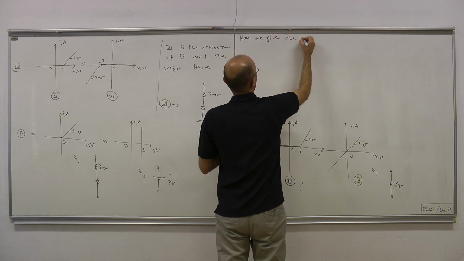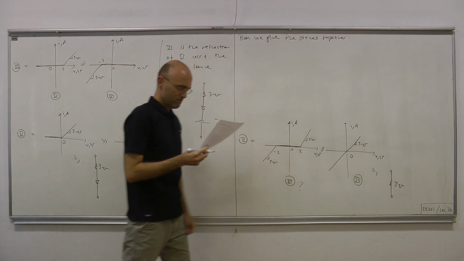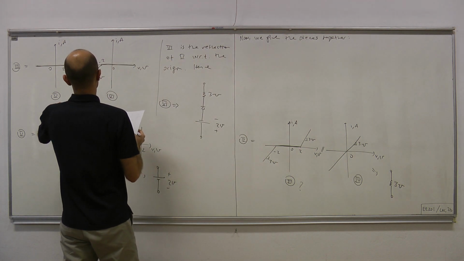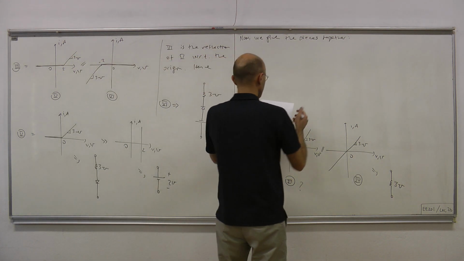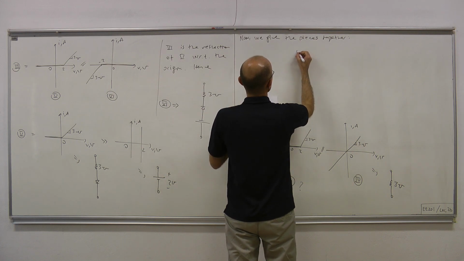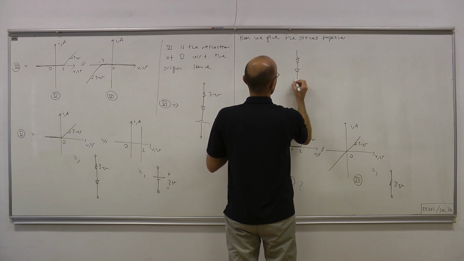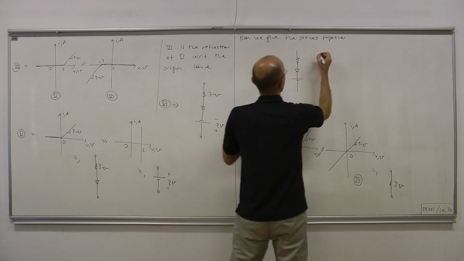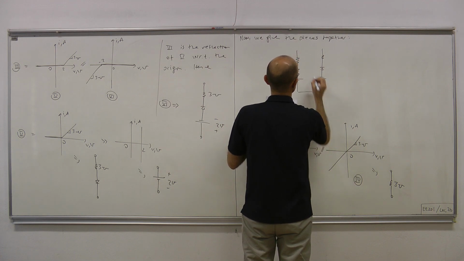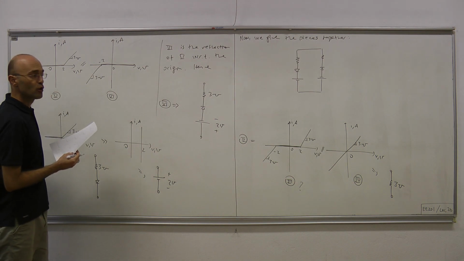So we have 5 and 6 in parallel, okay, 5 and 6, and that gives us 3.